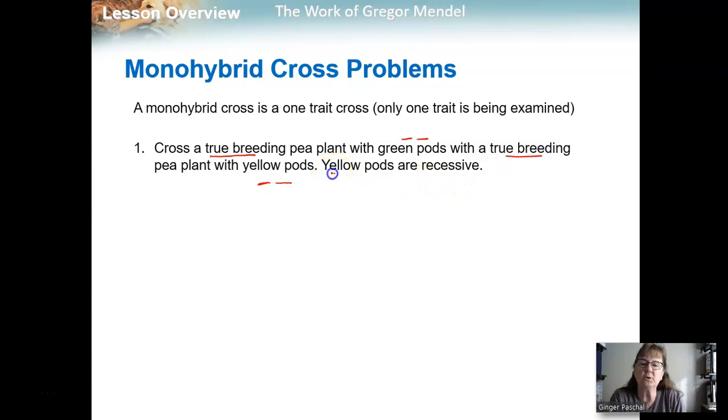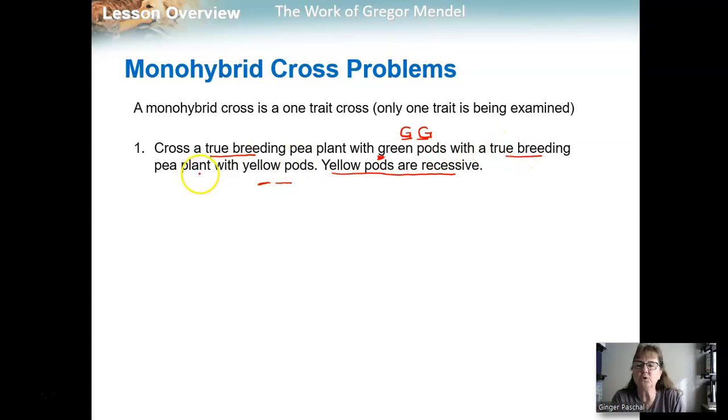Now here's our clue. Yellow pods are recessive. So the yellow's recessive. That means the green is, you're right, it's dominant. So we're going to use a capital G for green. And in this case, since this green pod plant is true breeding, we need 2 capital G's.